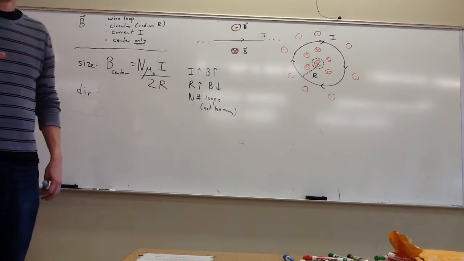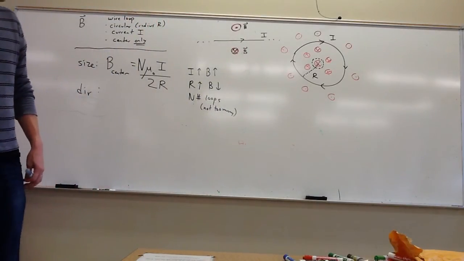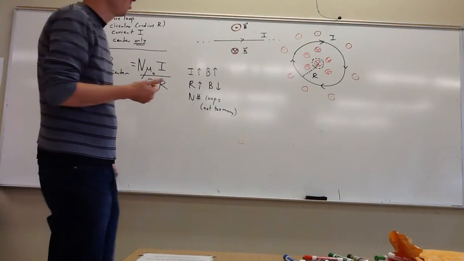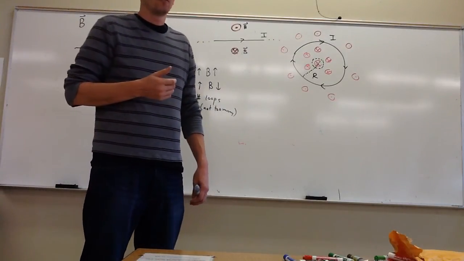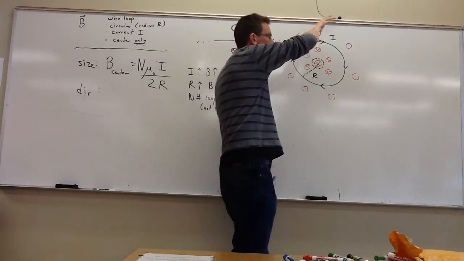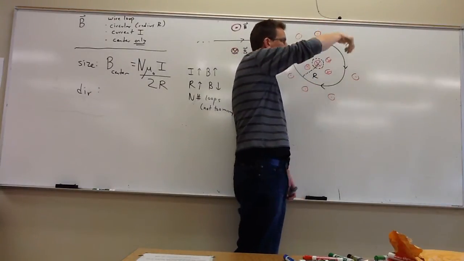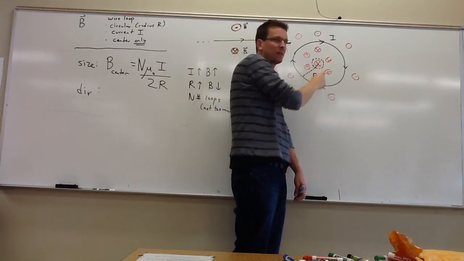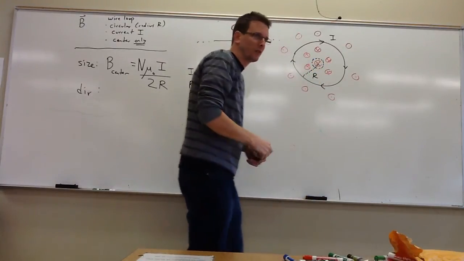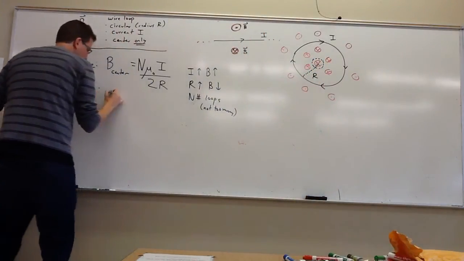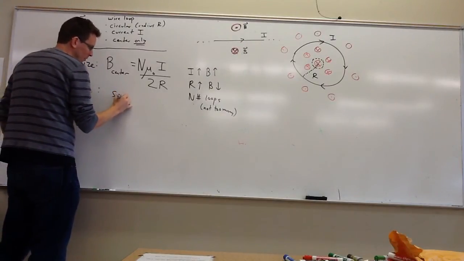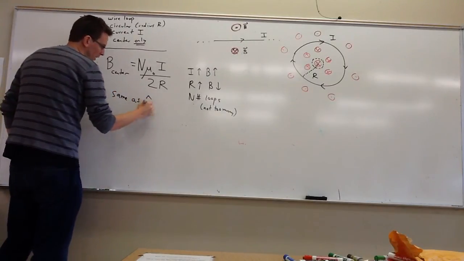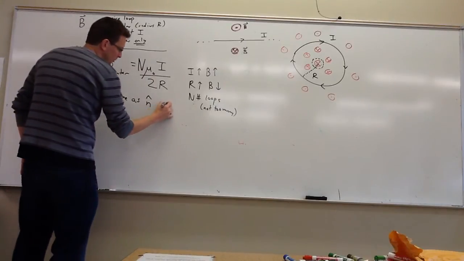Or here's another way to do it, a shorthand. You know how to find the normal vector, right? You wrap your fingers around the current. This is a current loop now, so you wrap your fingers around that. The normal vector would point this way, and hey, that's the same direction as the field. So that's convenient. So the direction of that is the same as the normal vector of the loop.